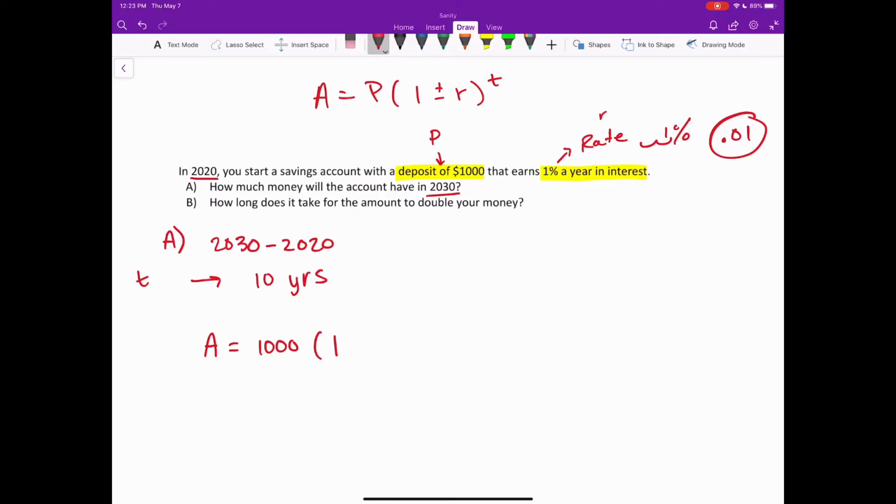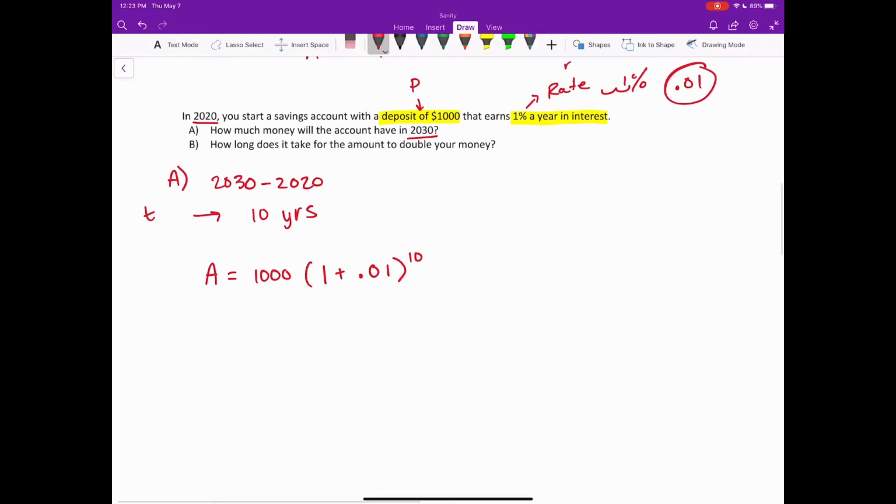It's going to be earning interest, so this sounds like exponential growth. 1 plus my rate of 0.01 to the power of, again, we decided on 10 years. And now this is like throwing it back to really early in this unit, just simplifying a simple exponential. So I'm going to take this step by step and say that A equals 1,000 times, I'm going to add those together in my parentheses, so it's 1.01 to the power of 10.